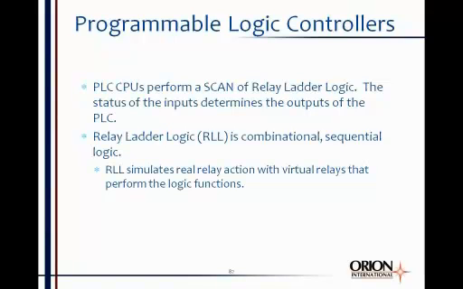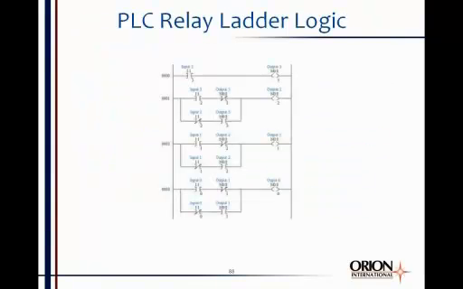It's made up of combinations of devices, and it's sequential because the PLC operates with the scan. It'll start at the top of the program and work its way all the way down to the bottom. When it gets to the bottom, it'll go back up to the top and scan again. That's how PLCs operate. Relay ladder logic simulates real relay action by using virtual relays, and it performs these logic functions.